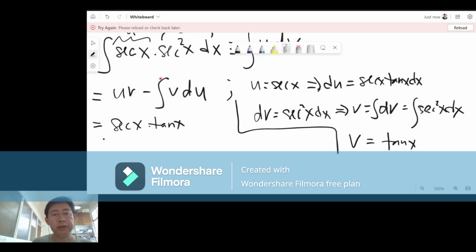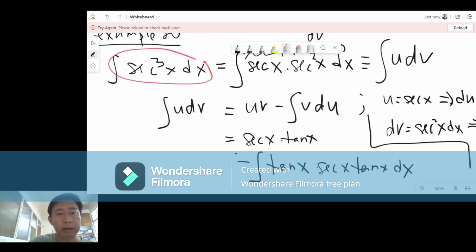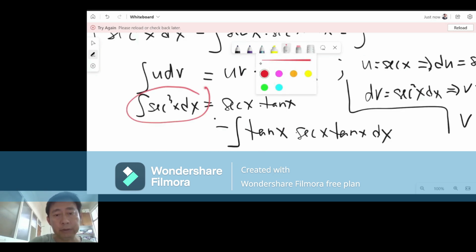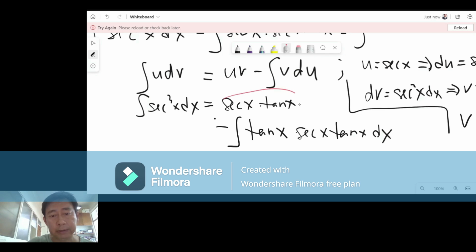The integration of v du is written here. This is for the v term. du is just this. So let me write down the integration of secant cube x dx. Now you see this is our integration, and it is now expressed as secant x tangent x minus the integration of this term. So let us proceed further.